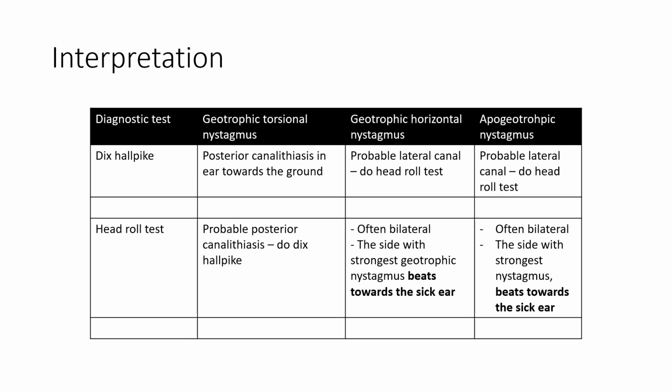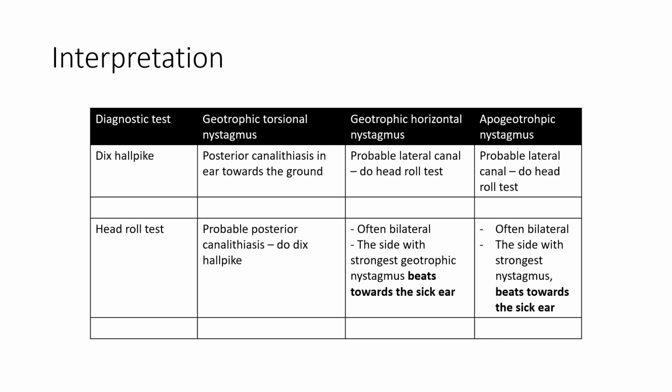If, however, I do the same test and I see when I turn the head to the right that there is an apogeotropic nystagmus, that means going towards the sky, and it's going towards the sky vigorously on the right, but when I turn it to the left, it's going less vigorously towards the sky, then that suggests to me that it's the left ear that is sick.